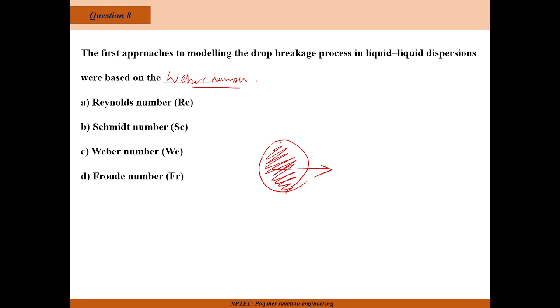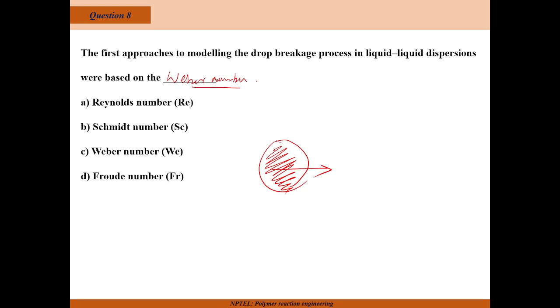Basically we can talk about the ratio between this flow force and the cohesive force that is holding the drop together, which is the surface tension. So the ratio between this flow force and the surface tension is called the Weber number.